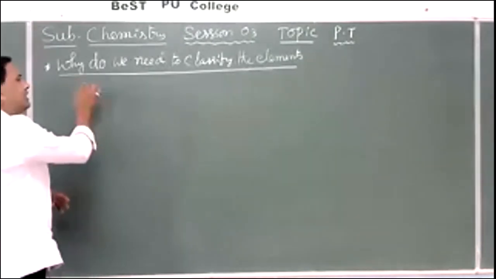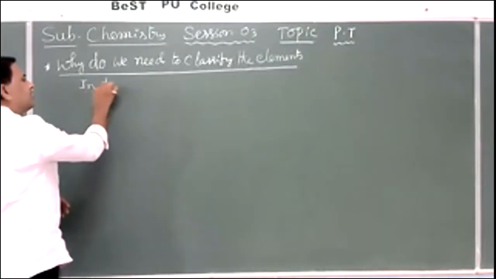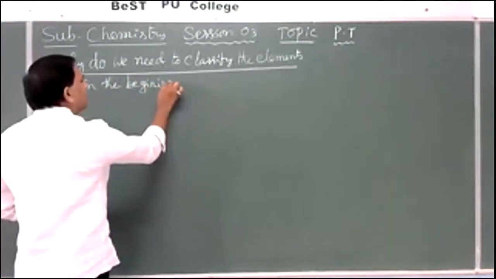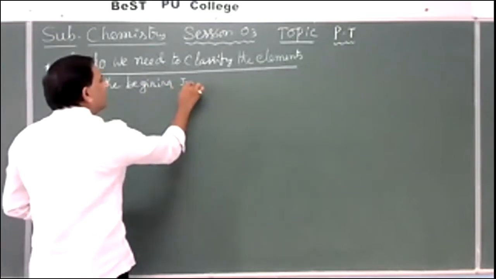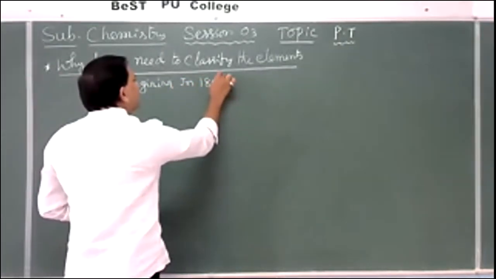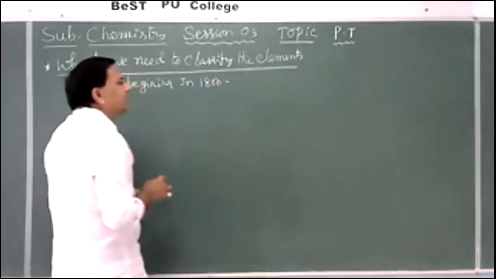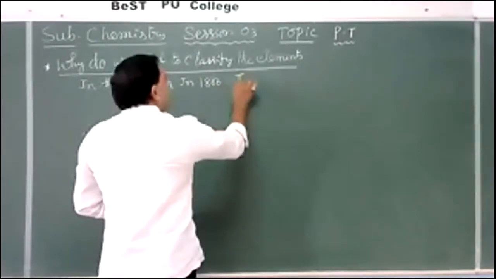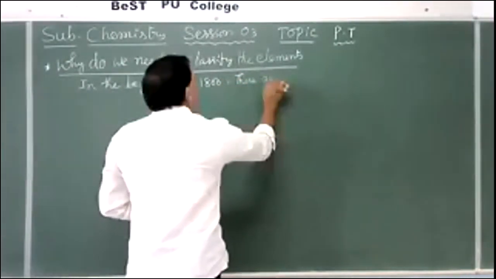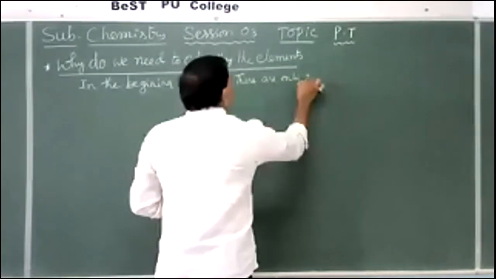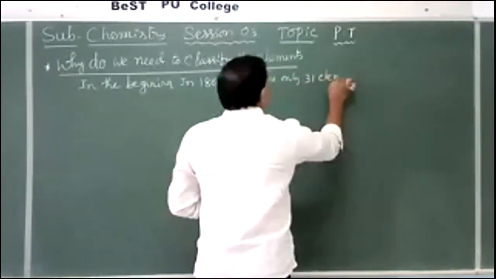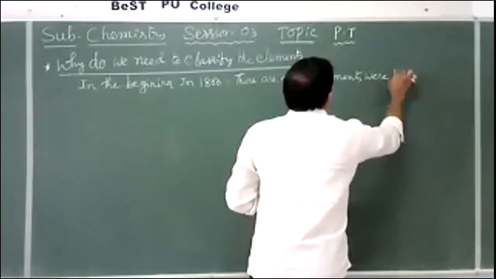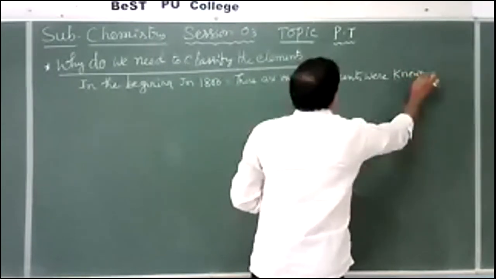Initially, in the 1800s, the 18th century, there were only 31 elements known.